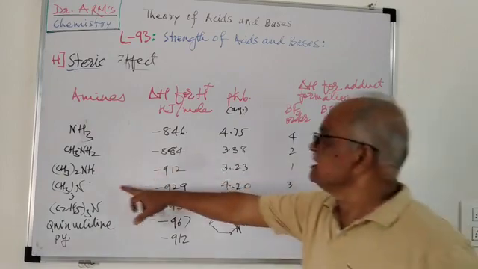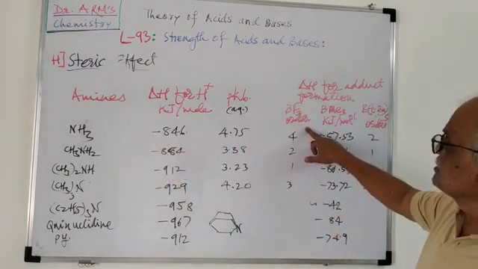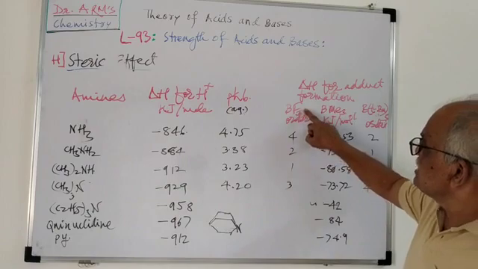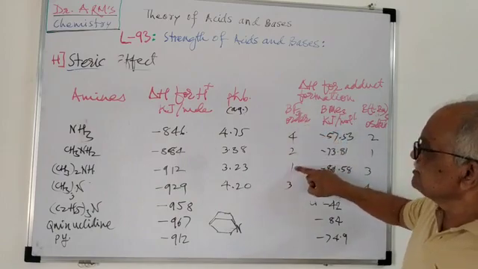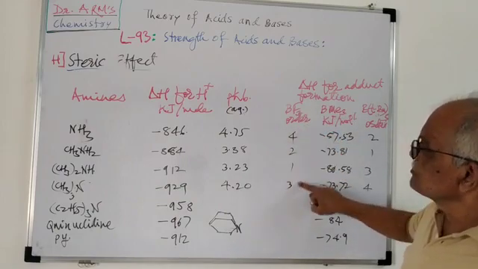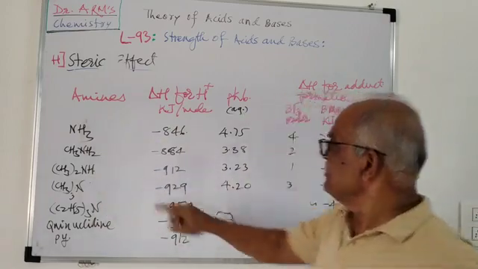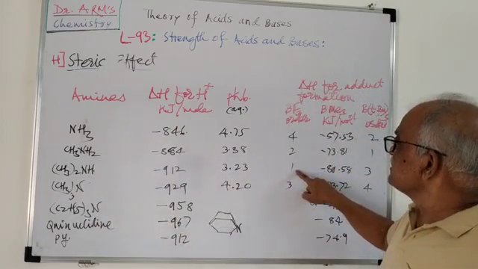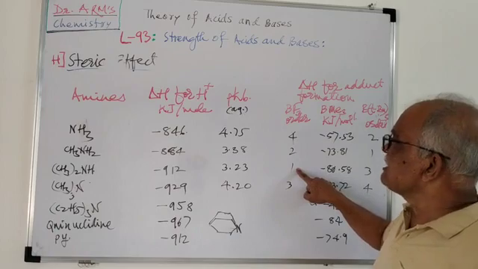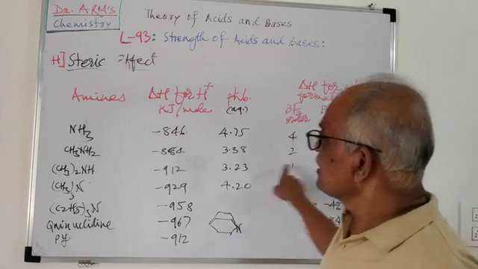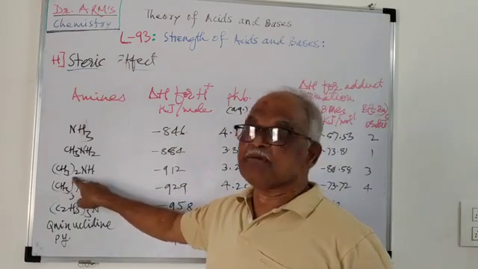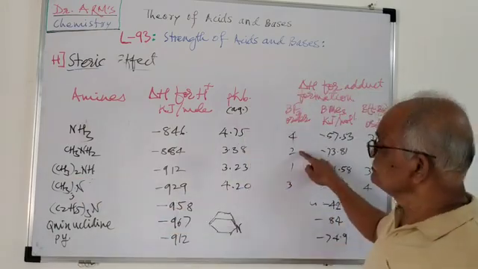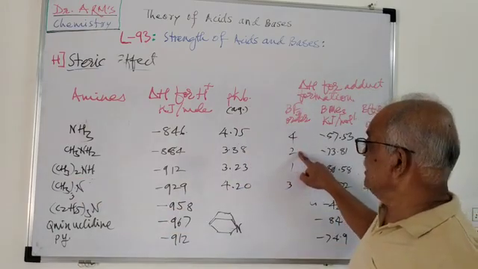Now if these bases are compared with BF3 as the acid, the acid strength is like this. So within these four bases, the order is like this. The strongest base for BF3 is Me2NH. Then next is MeNH2.